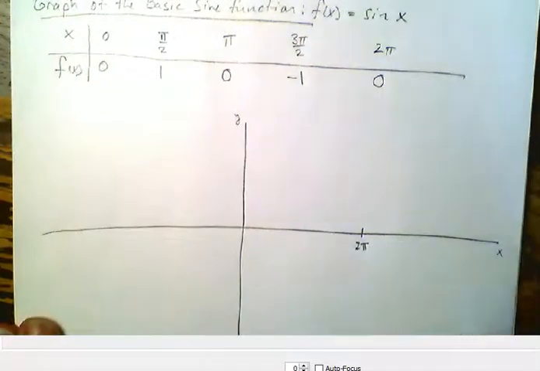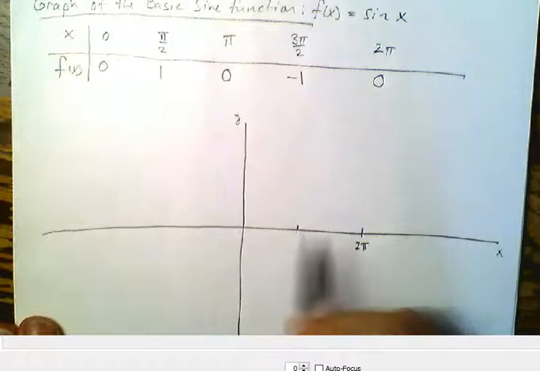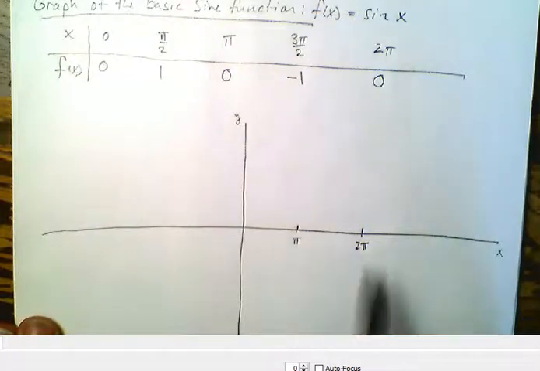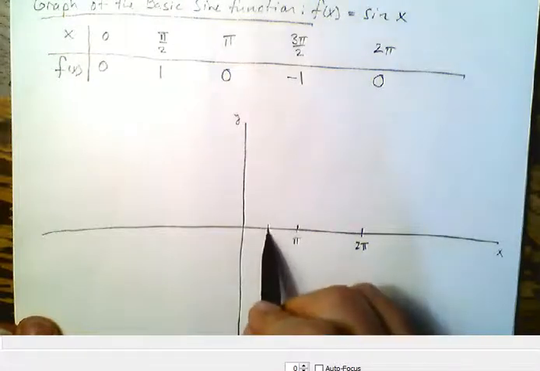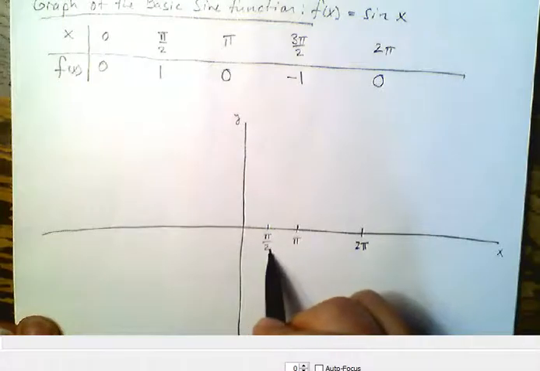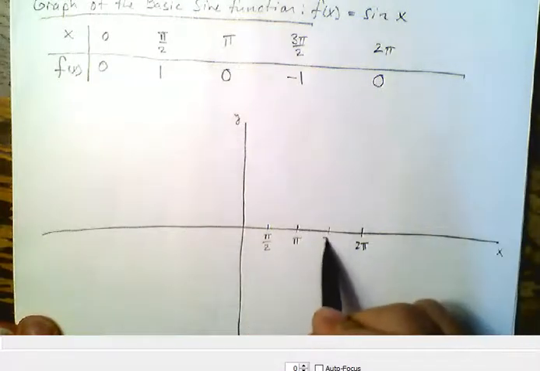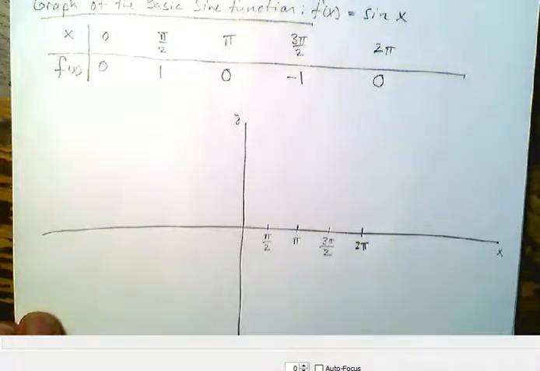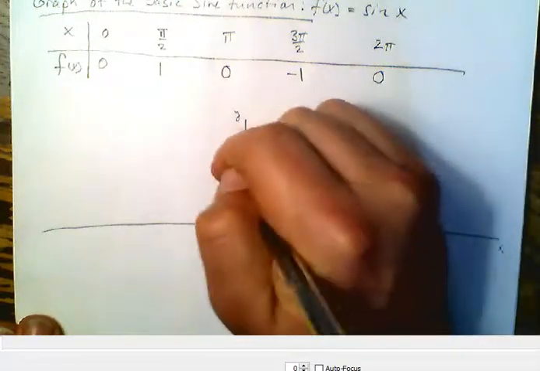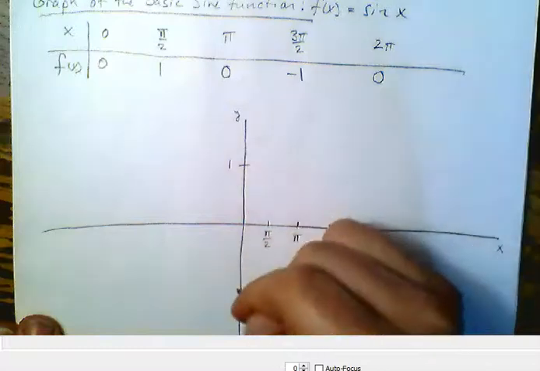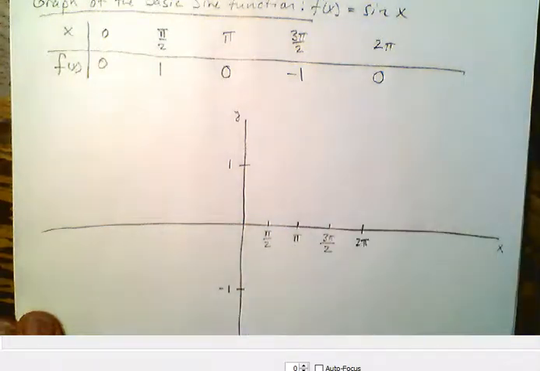And then halfway would be pi, right? It's 2 pi, halfway would be pi. And then halfway between 0 and pi would be pi over 2. So 3 pi over 2 would go right here. We also know that the range is just from -1 to 1. So I'm going to put 1 there and then -1 here.